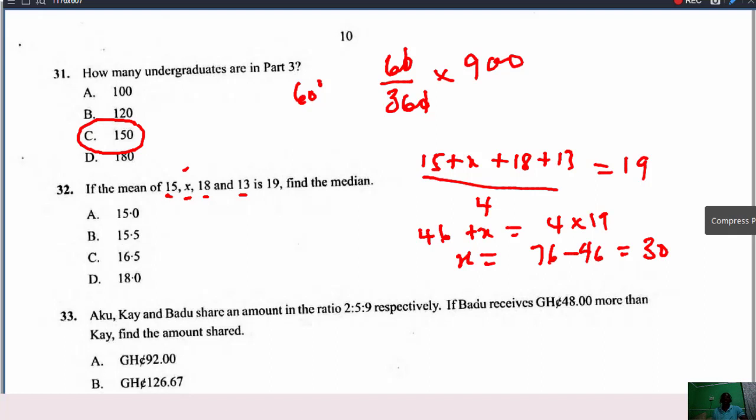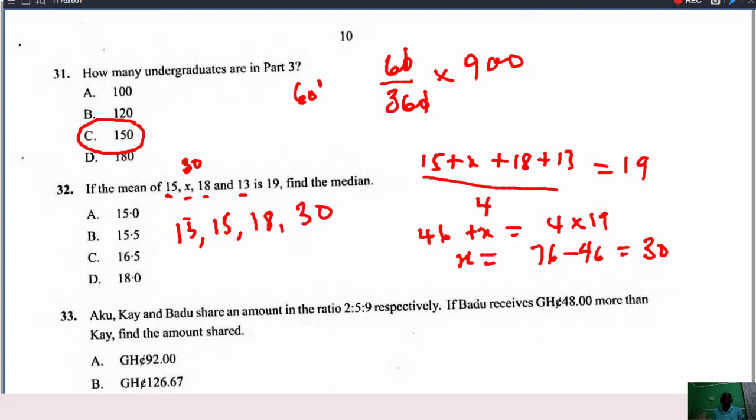So if x is 30 and we want the median, it is the most middle number. So we read from lowest to highest. So the lowest is 13, followed by 15, then 18, then we have the 30.